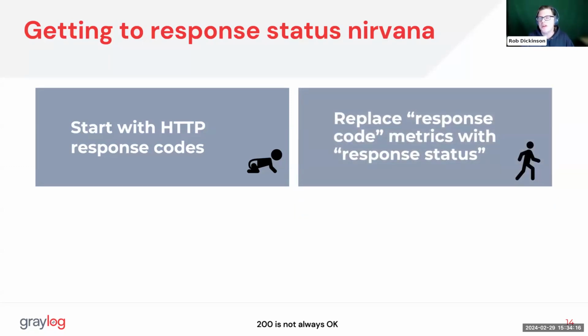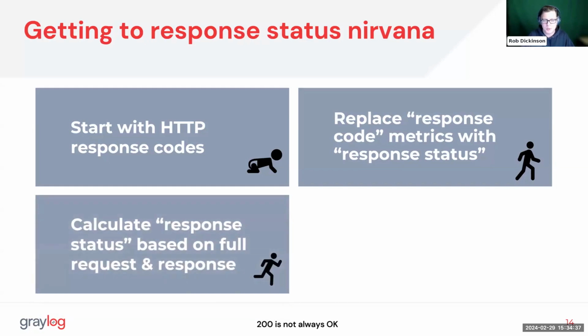What we kind of advocate is creating your own concept of response status and using that. And so the places where you'd be tempted to use response code, use something like response status instead, where you get to bring in what success really means and overlay that the way the standard expected.